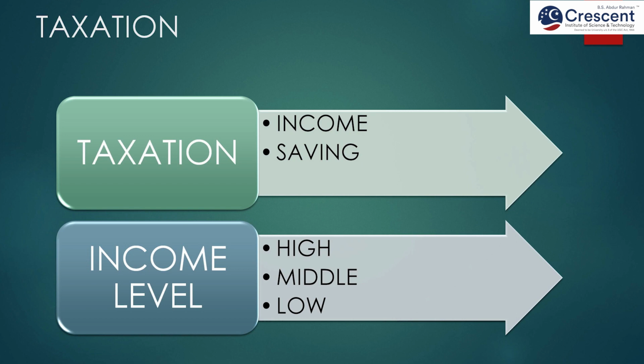If low income people can save 10% of their income, high income people may save up to 50 to 75% of their income. To avoid a huge blockage of money, the government has to follow a progressive taxation system of high tax for higher income, say 10% tax for people of rupees 1 lakh income, 15% for rupees 2 lakh income, 25% for rupees 5 lakh income and so on.